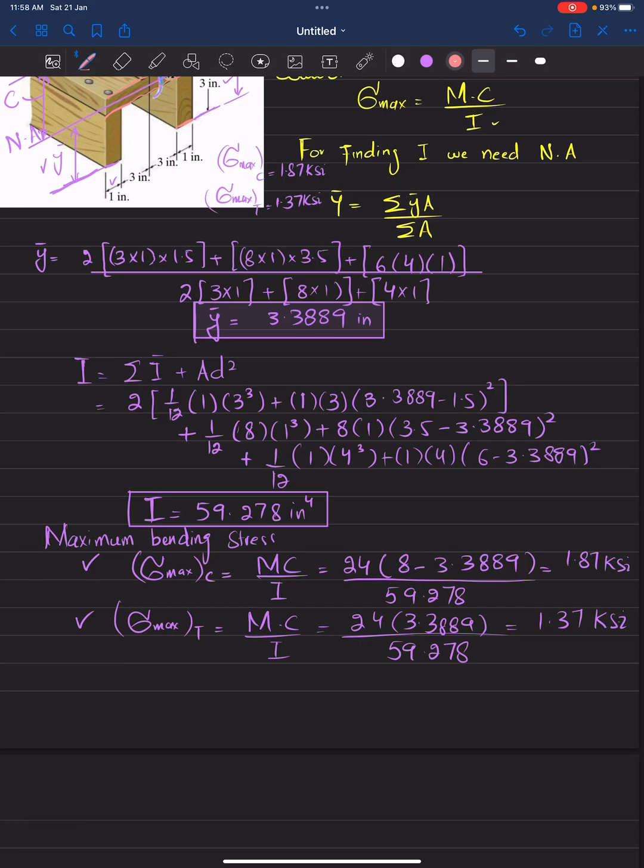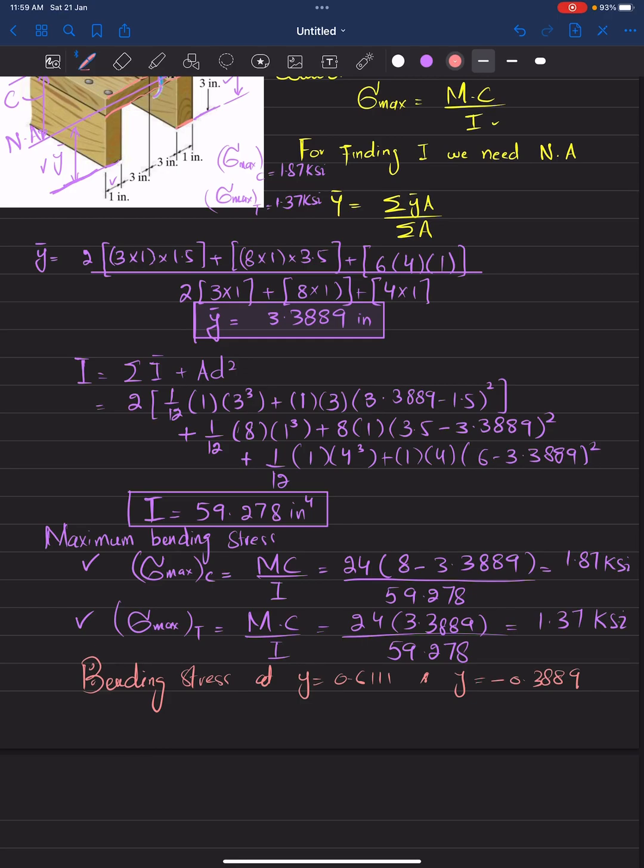So bending stress at y equal to 0.6111 and y equal to minus 0.3889 inch will be plotted.